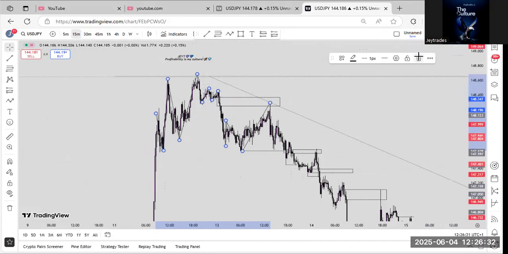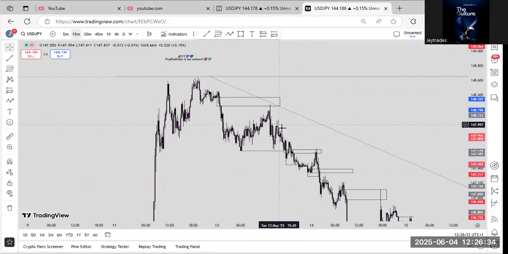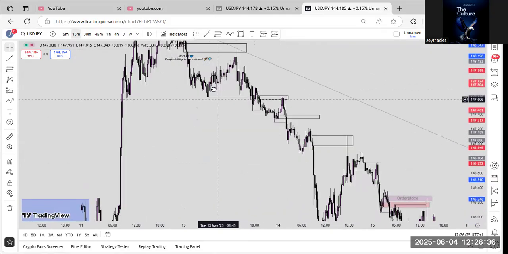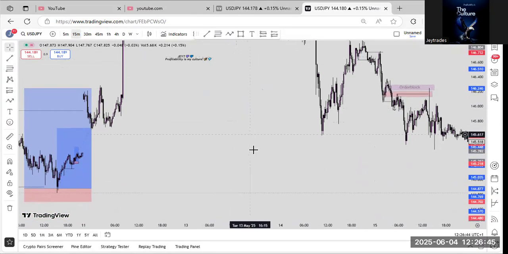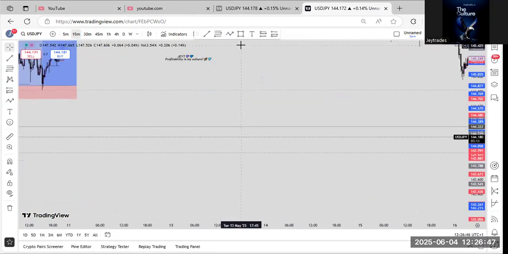But since it is pulling back, you will be looking for sales in the market. So that was how we kept looking for sales till price approached that higher time frame point of interest.